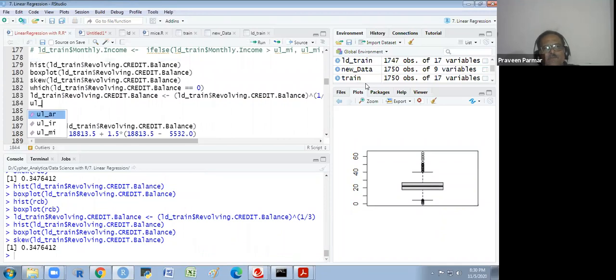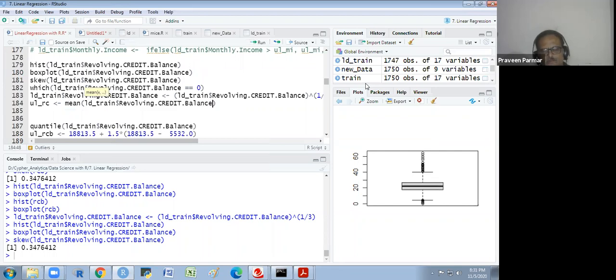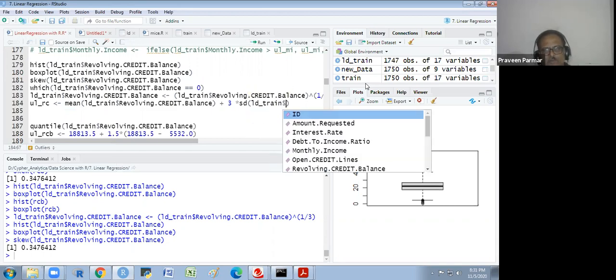Now I make UL revolving credit RC. I will use the mean formula: mean of LD_trend$revolving, and then I will add 3 times the SD of LD_trend$revolving.